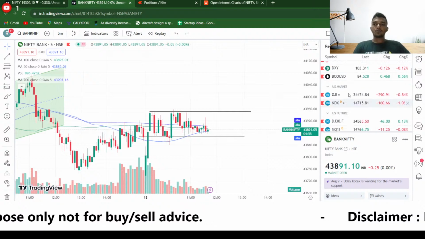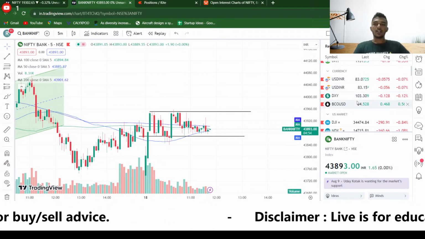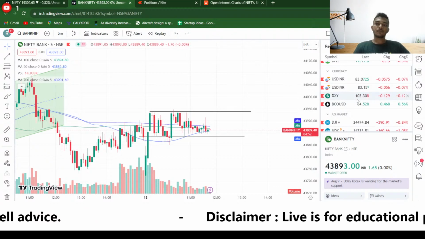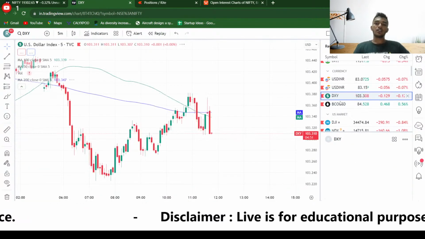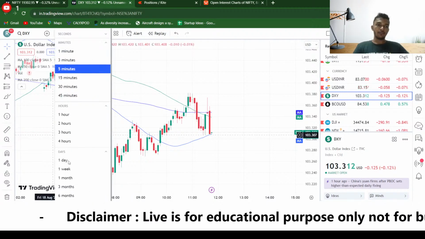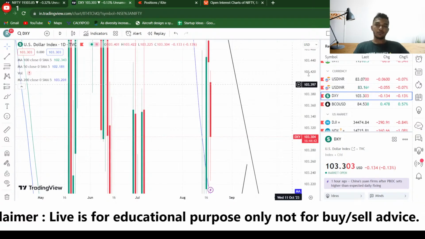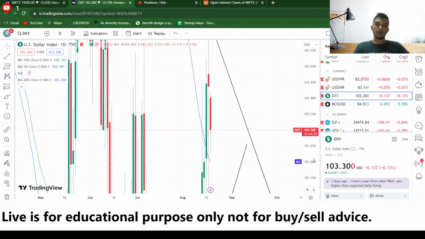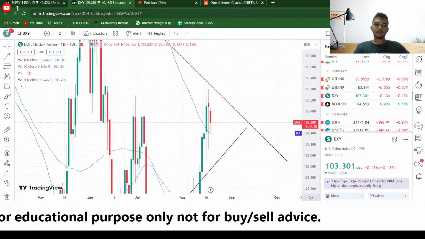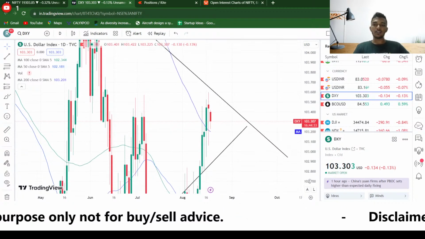The crude oil price is high at 84.528. If we look at the dollar index on a daily time frame, it has come back into the channel, back into the triangle pattern, and now it is facing a resistance.